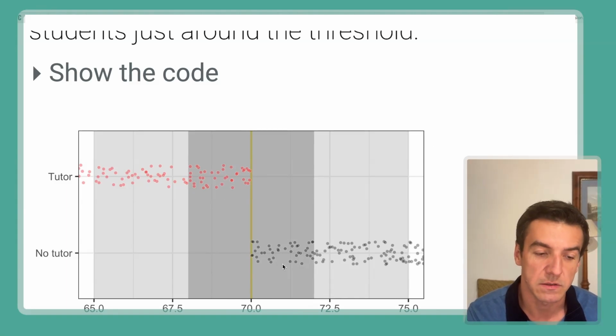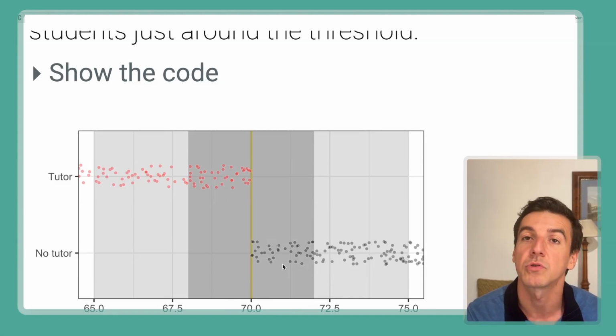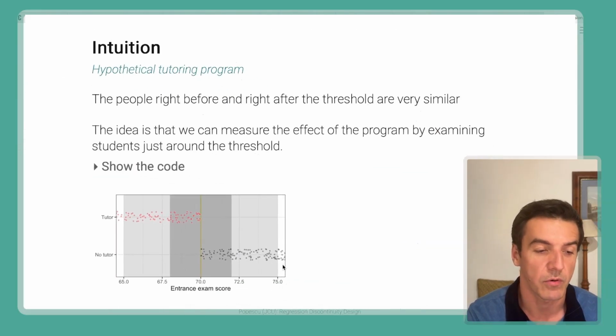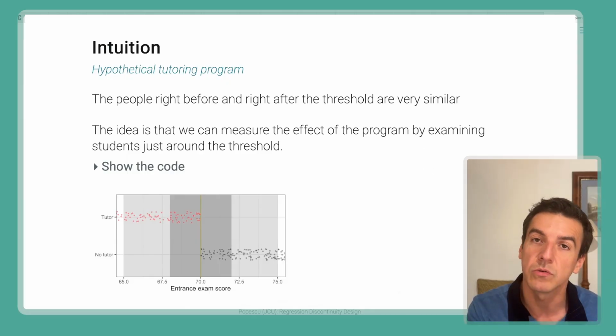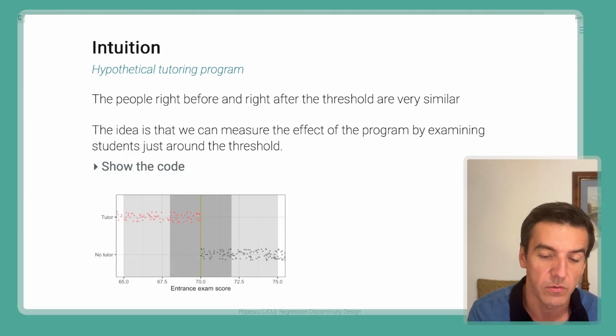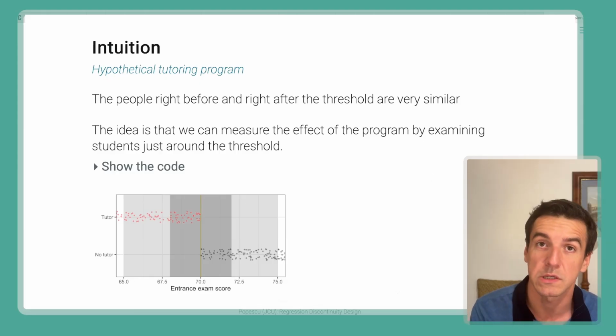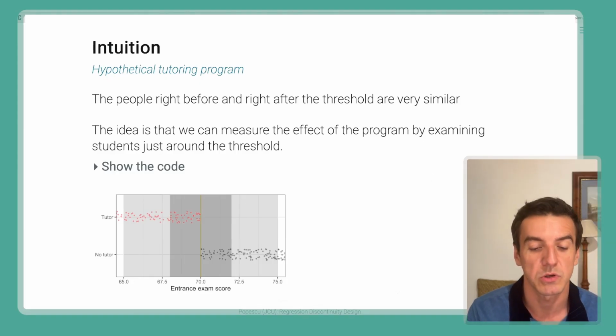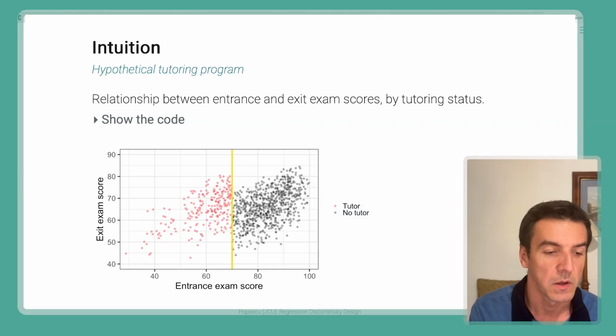The only thing that makes them different is really the exposure to this tutoring program. So this is the beauty of this methodology, because this allows us to really zoom in to that tiny, narrow bandwidth, the tiny, narrow group of people who got exposed and didn't get, or who just missed being exposed to the treatment just by a tiny margin.